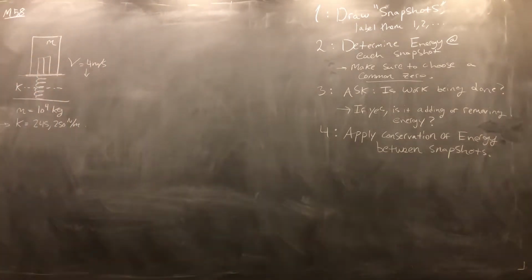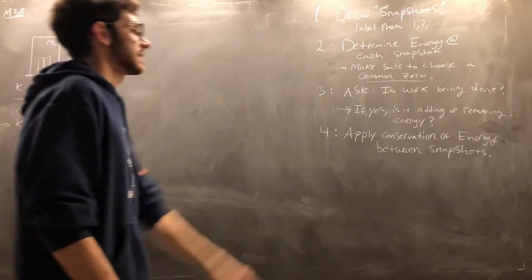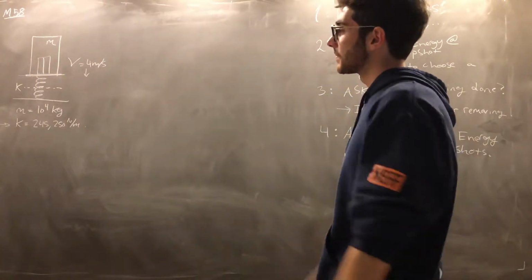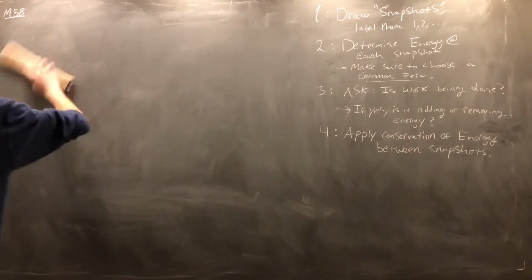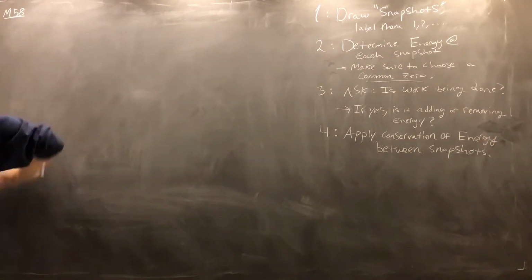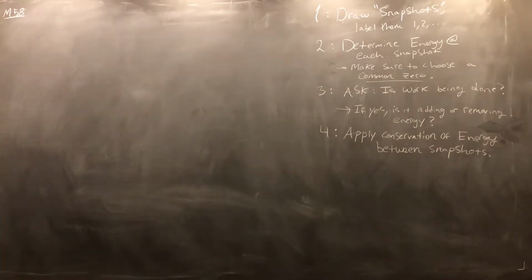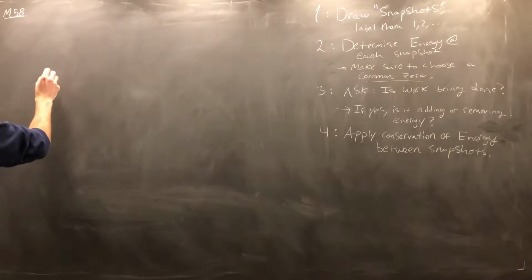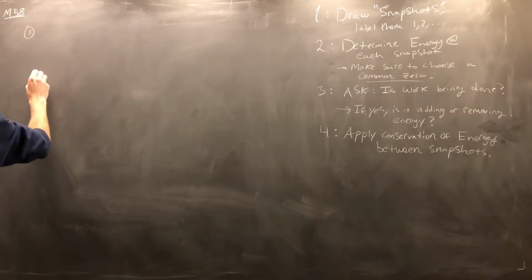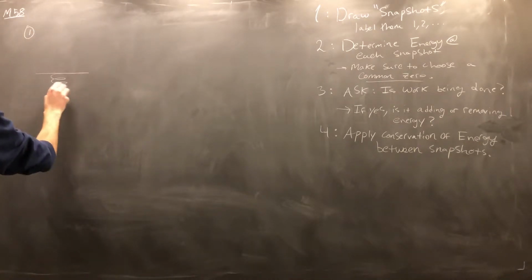Okay, so let's see if we can apply this algorithm to our problem at hand. Pardon my erasing, I'll give ourselves some more room to work with. Let's draw some snapshots. The first snapshot, like I said, is basically the same picture I just had, but let's call it 1. We have our spring here.